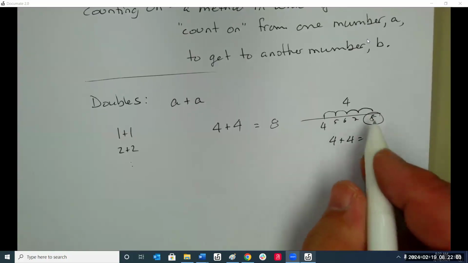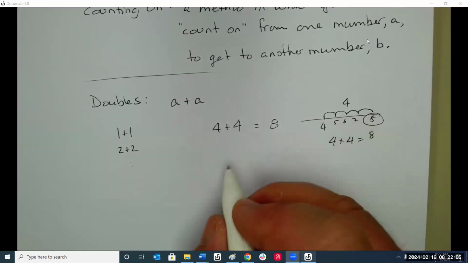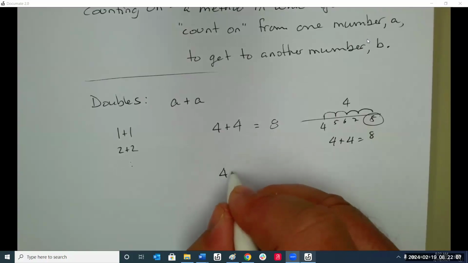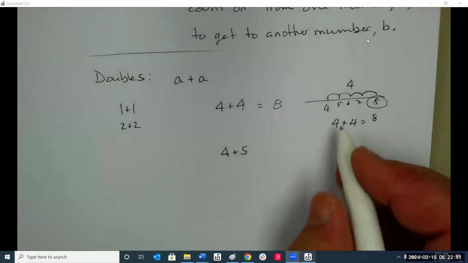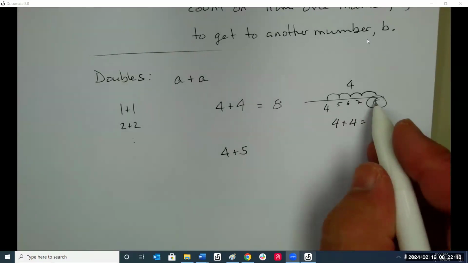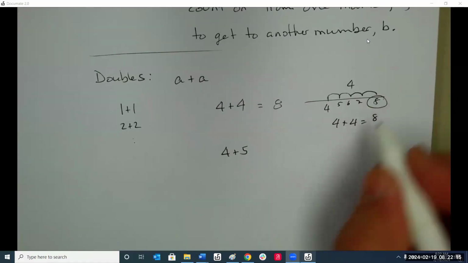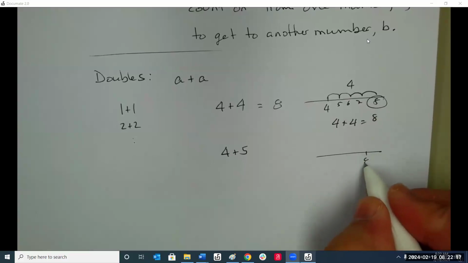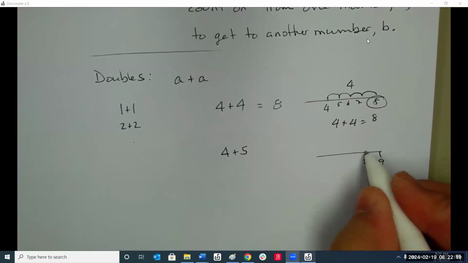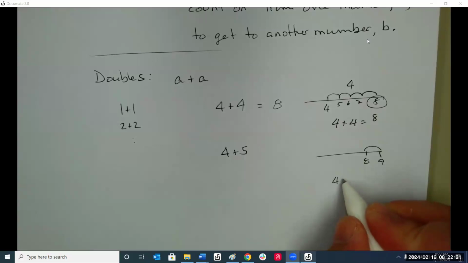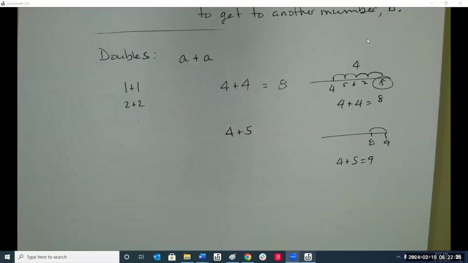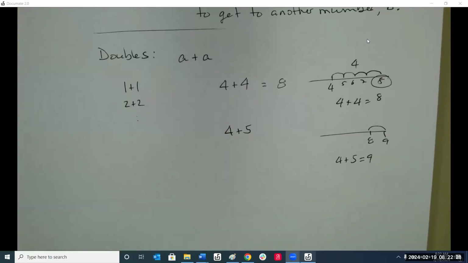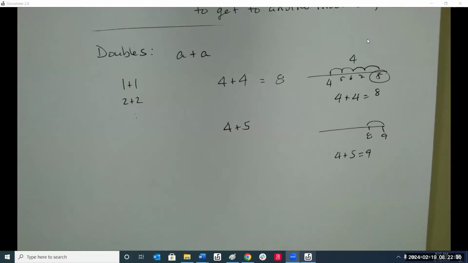Now we can go a little bit further and say 4 plus 5. If they can do this, then we just add one more step, from 8 to 9. So 4 plus 5 equals 9. And then plus 2, plus 3, plus 4, plus 5, whatever you're going to do.